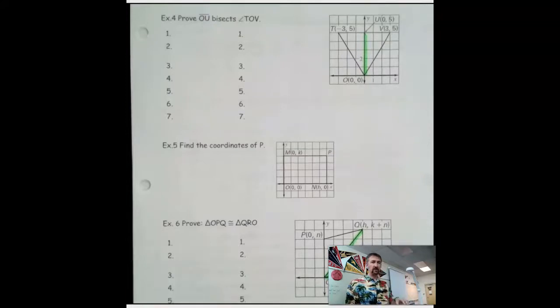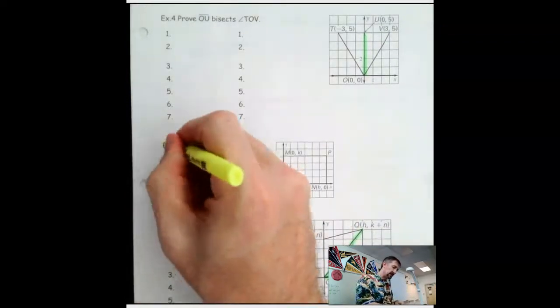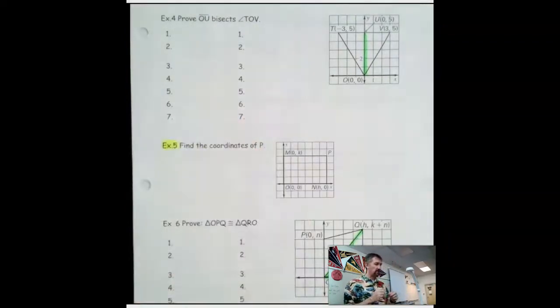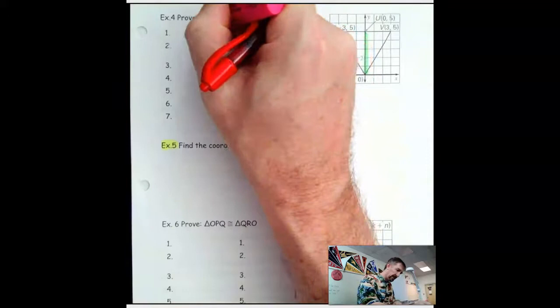Okay, so when you turn this over and you go, oh my gosh, that looks intimidating, let's try to tackle it one step at a time. Just like in life, you have a problem, you're going to try and just tackle that problem one step at a time. So what's a step that we could take?